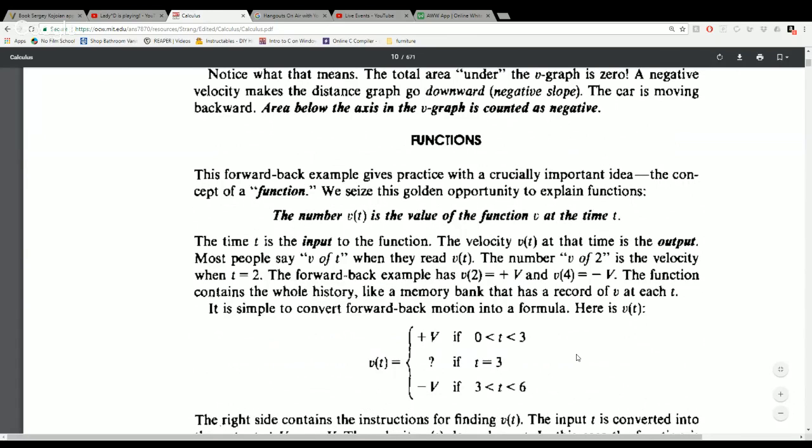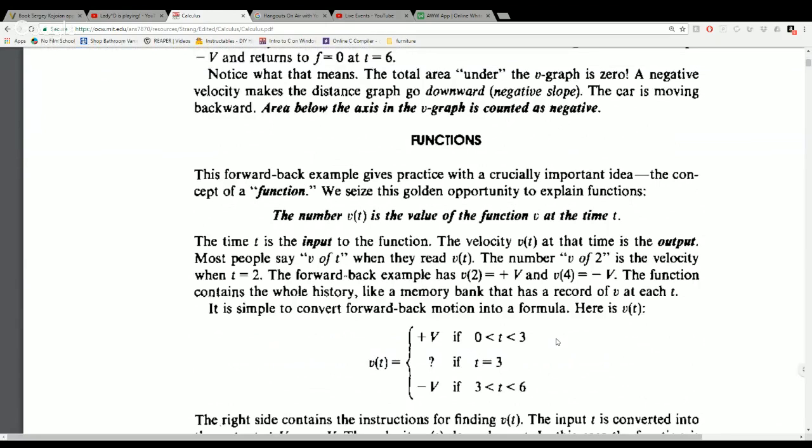Now we go to functions. So this forward back example gives practice with a crucially important idea, the concept of a function. We seize this golden opportunity to explain functions. What is a function? So the number v of t is the value of the function v at time t. So you have some velocity function, and then you ask the function, what is your value at time t?